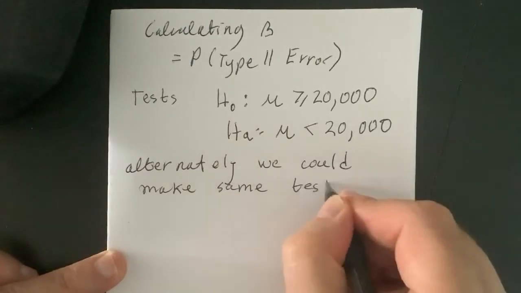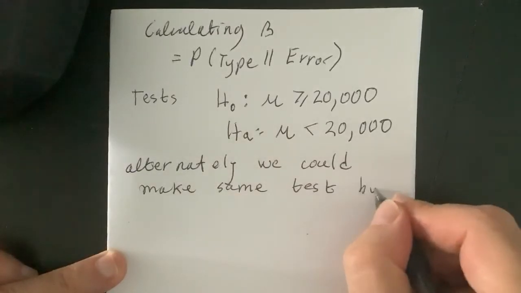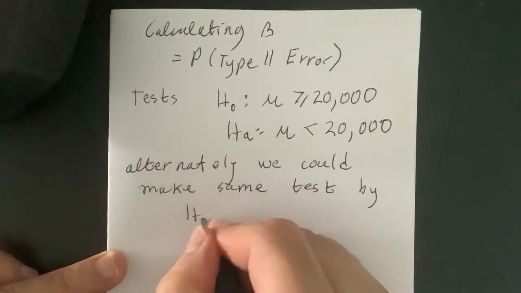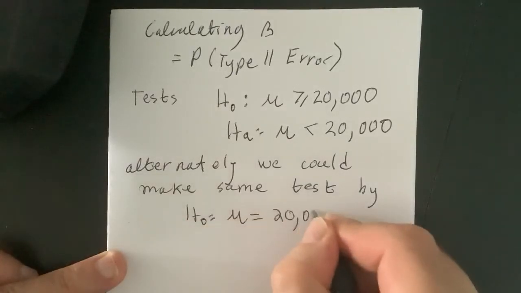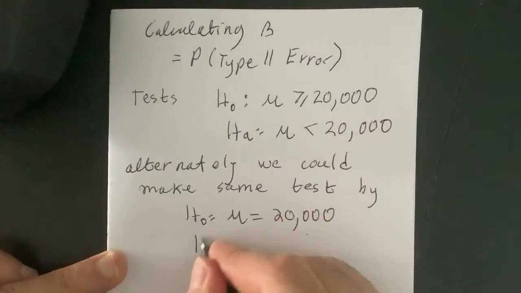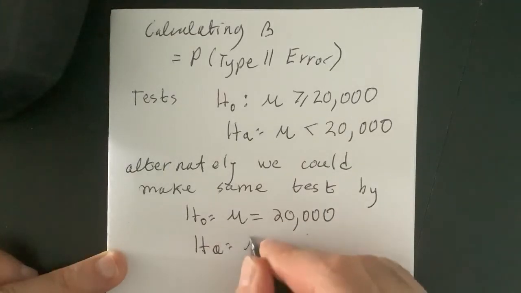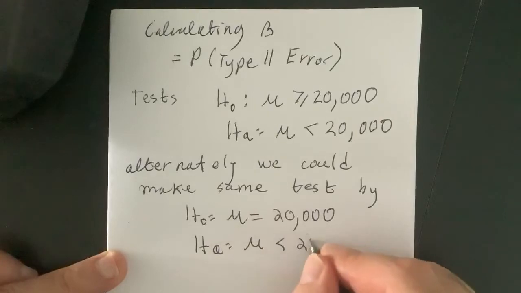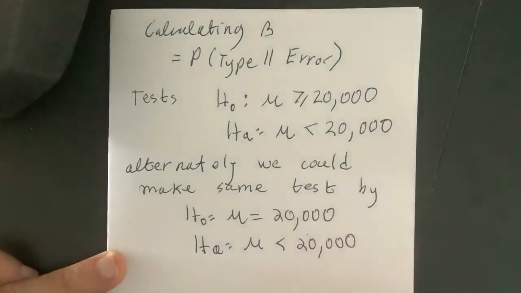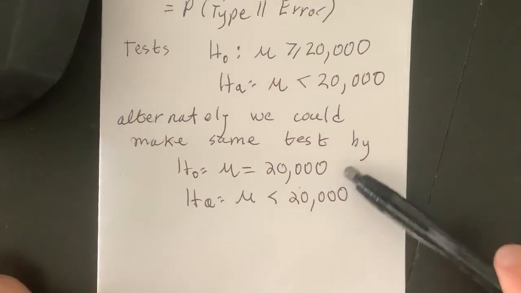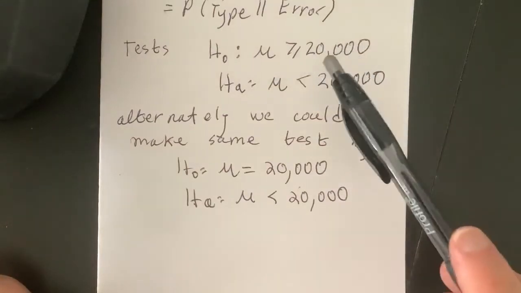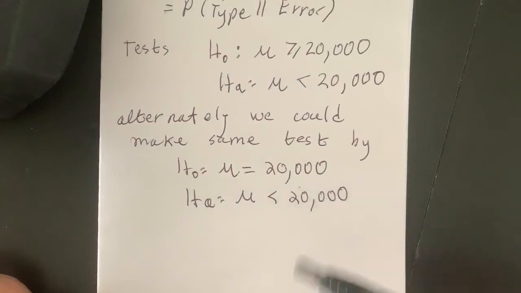H0: mu equals 20,000 and HA: mu still less than 20,000. Because the idea is now, just as up here, I'm trying to reject this and show this.